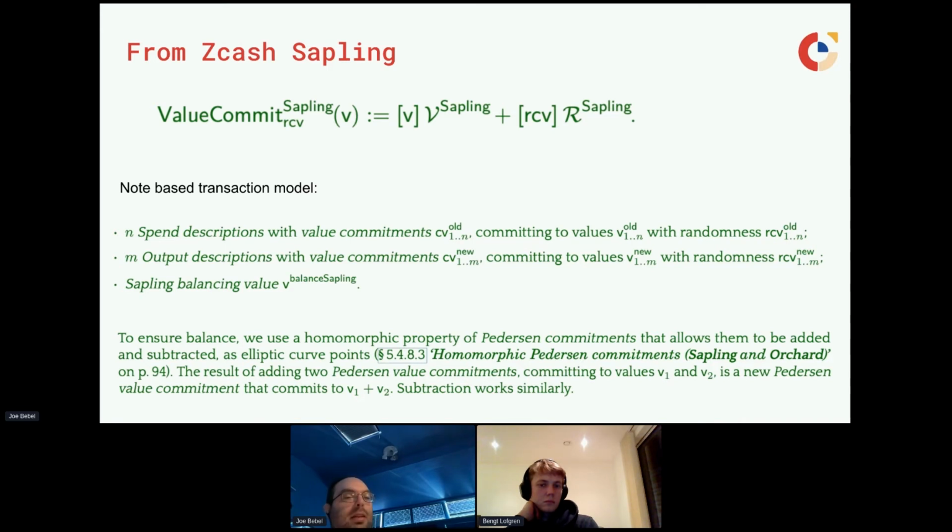And the claim is that we can use a different capital V, a different elliptic curve point, for each separate asset type, and that's going to cause the value commitment to behave independently for each asset type.